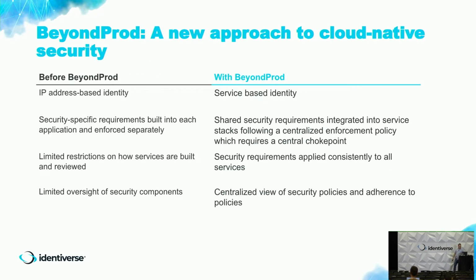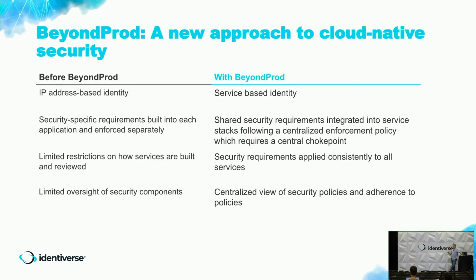There we go. So here is essentially a distillation of what I've said in the previous slide down to the actual principles and what we do to deploy this. Before BeyondProd, things were based on IP addresses, as I've said. We've moved to a world where things are now based on service-based identities. Security-specific requirements were built into each application and enforced separately.